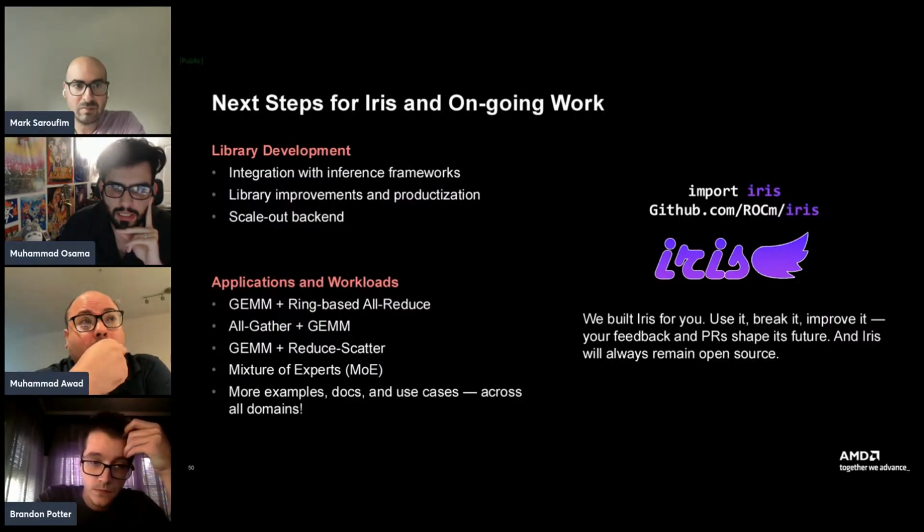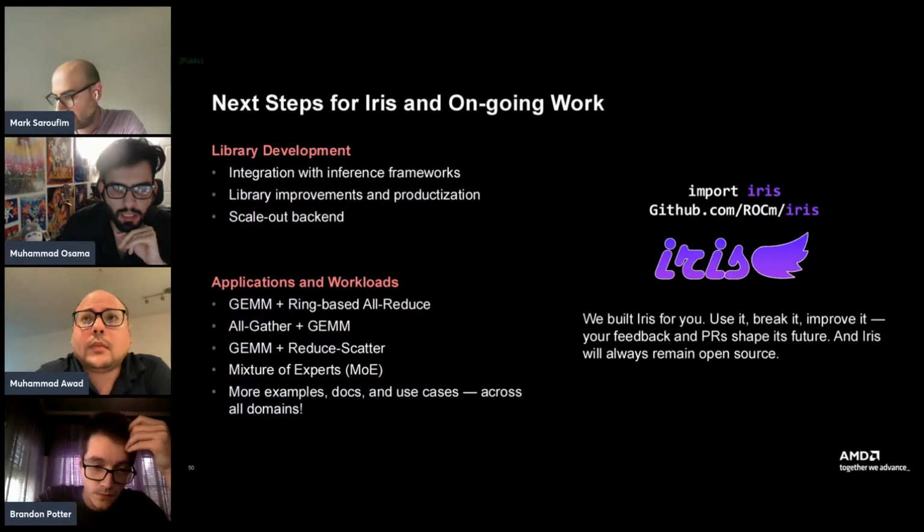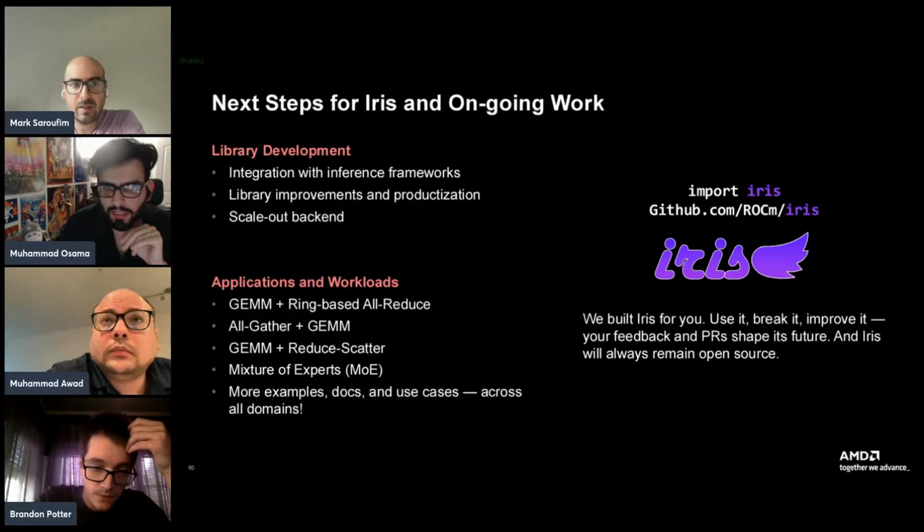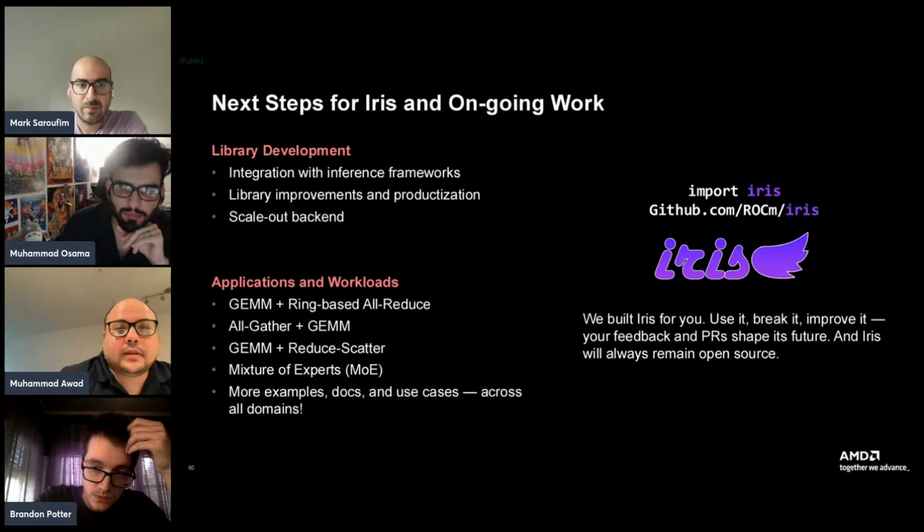FP4 isn't enabled right now, but FP8 is, using the PyTorch way of expressing FP8. That's on the list of things we'd like to support, and we can add some unit tests to show that Iris is in fact working with these small types as well.